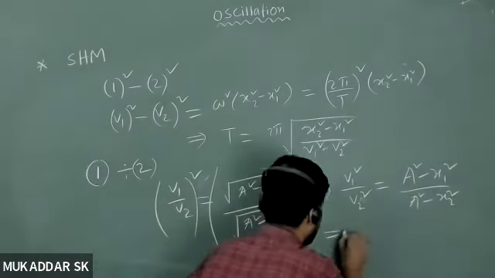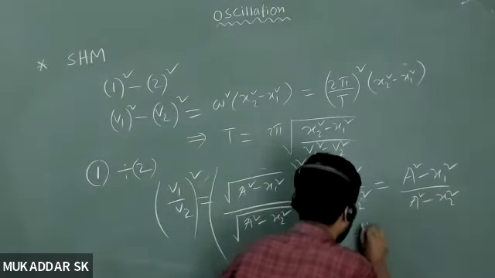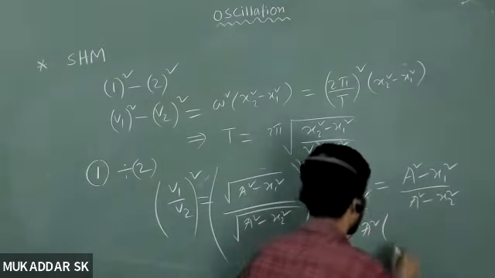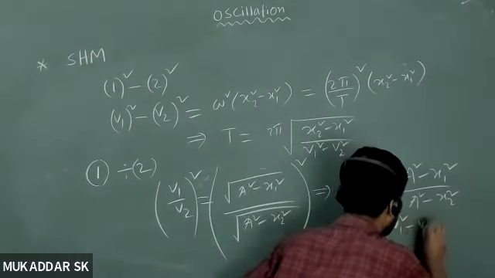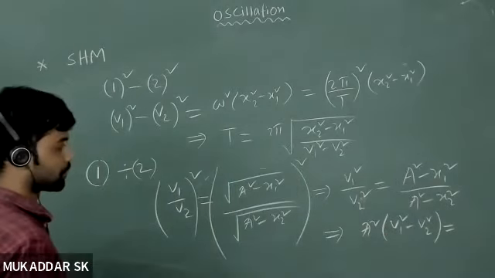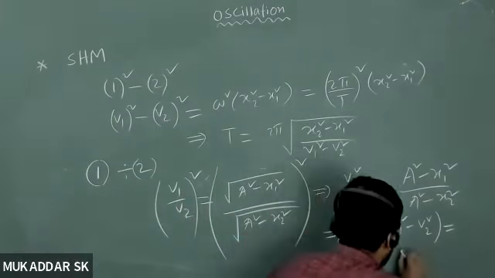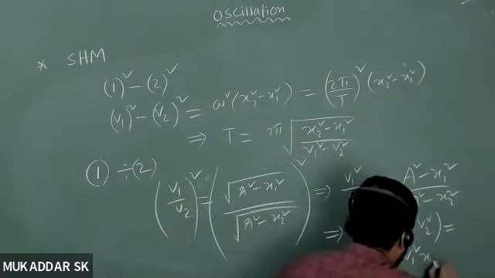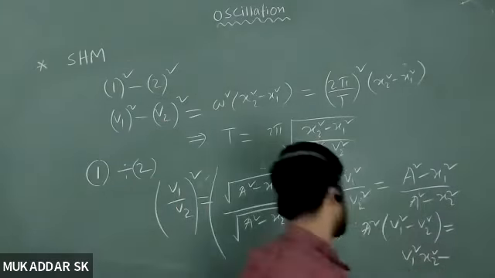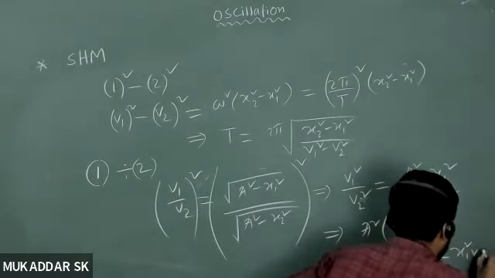So if you simplify this equation, you will get basically a square into v1 square minus v2 square equals to how much? v1 square x2 square minus x1 square v2 square.